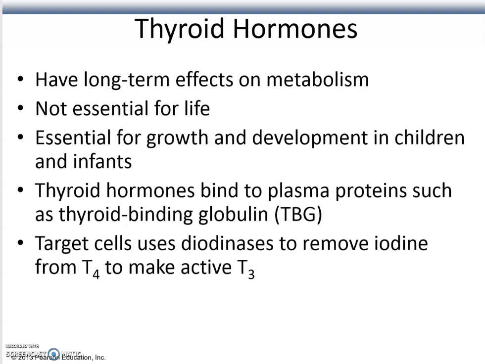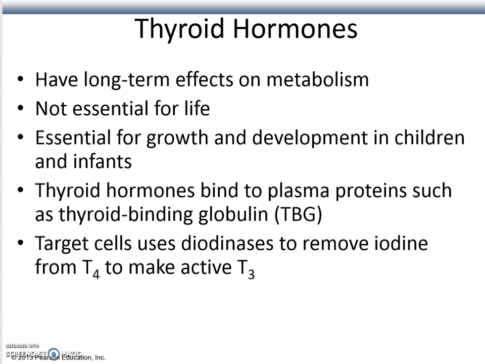In the development of children, so basically in embryonic and fetal development, it's essential that you have thyroid hormone for normal development of your nervous system, especially. So it's very important to check thyroid levels during pregnancy, because it can be very bad for children when the mother doesn't have enough thyroid hormone.